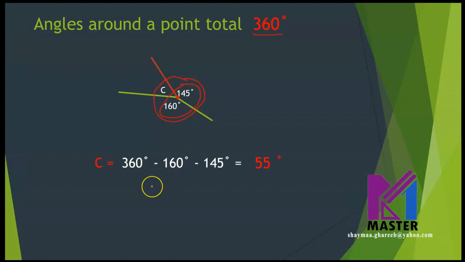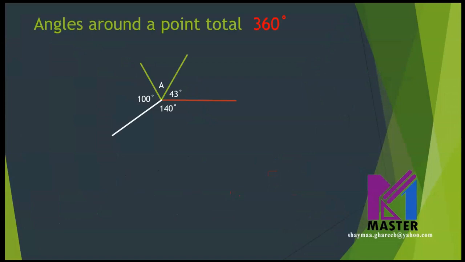So I can subtract the 305 from the 360, which is 55 degrees. So you can keep subtracting angle by angle, or you can add all the given angles, then subtract the total from 360 degrees.